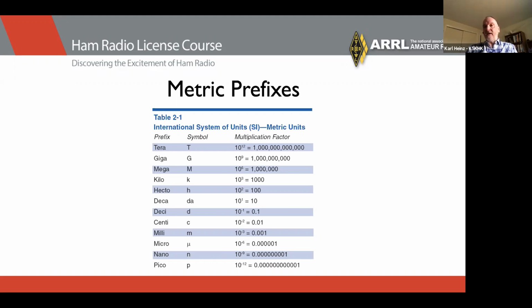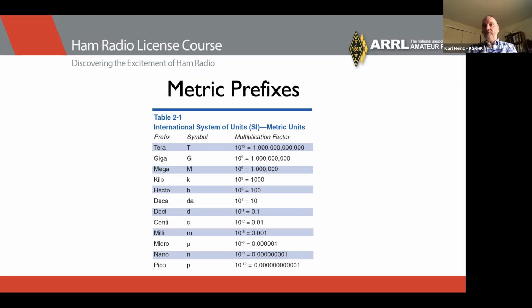If you've ever been to Canada, chances are you know what a kilometer is. So the kilo that we use as a prefix in kilometer is actually an indication that we're dealing with 1,000 meters.